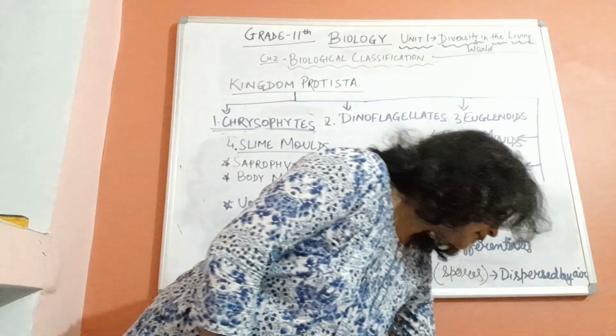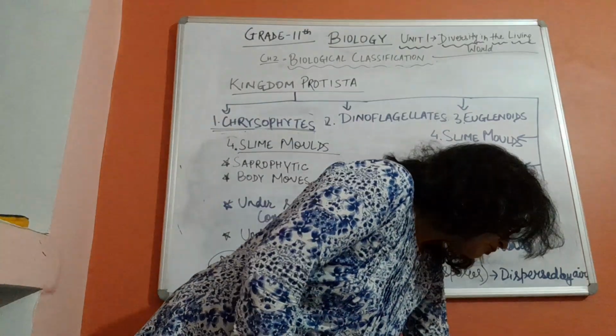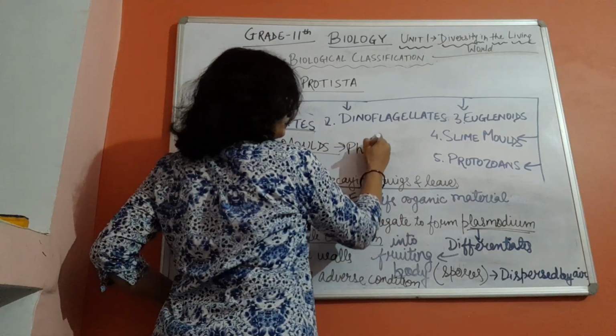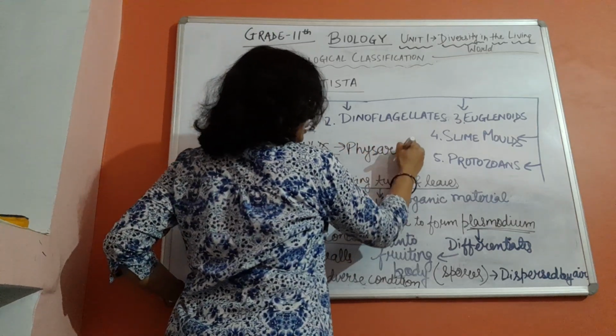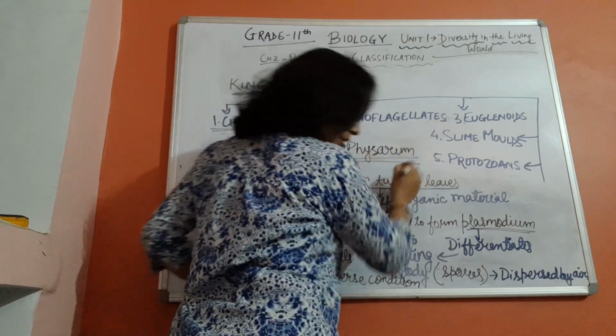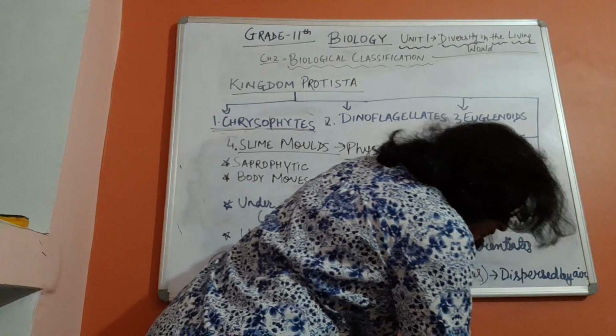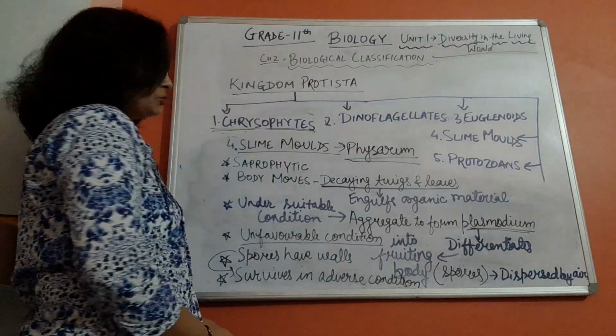The example is Physarum. This is a fungus-like organism. Now next are protozoans.